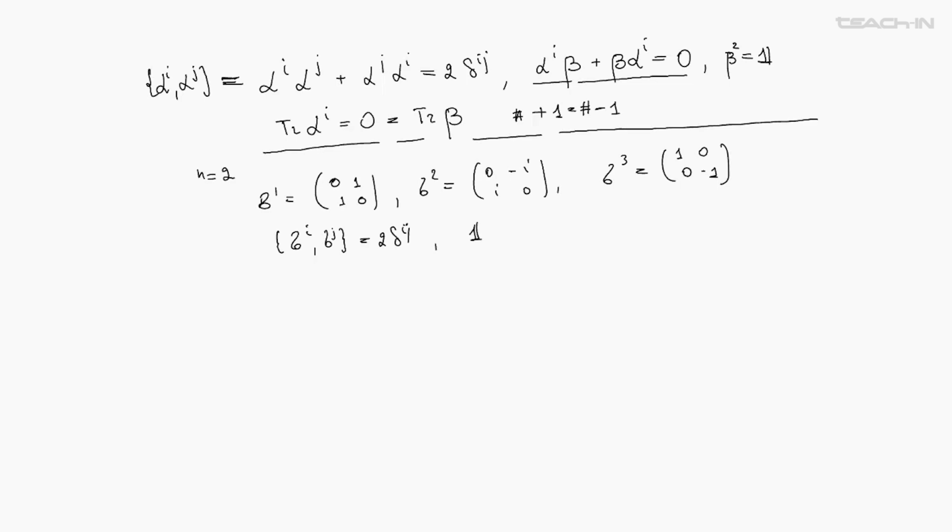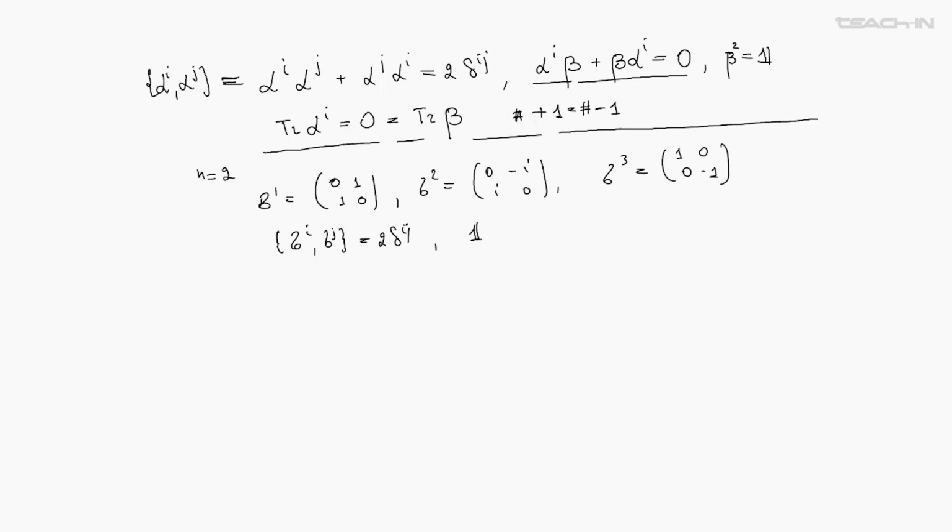So this means that in dimension 2, we don't find such a realization of Dirac matrices, of these alphas and beta. They do not exist for n equal to 2.